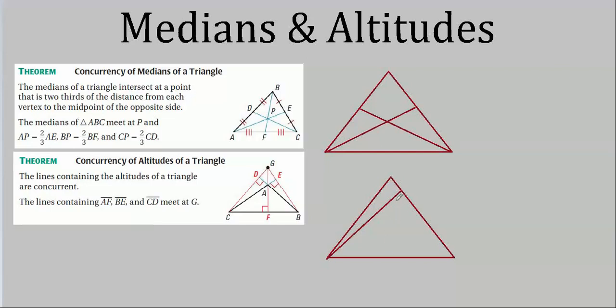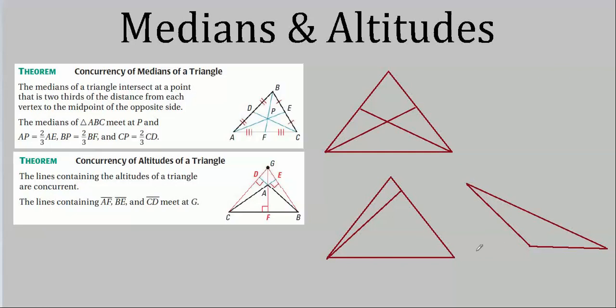Well, that's okay, but suppose we had a different triangle. What do we do in a case like this? We're going to go from the vertex to the opposite side. We want a perpendicular line. Well, there are no perpendicular lines from this vertex to this opposite side.